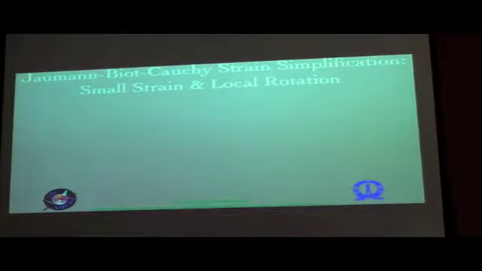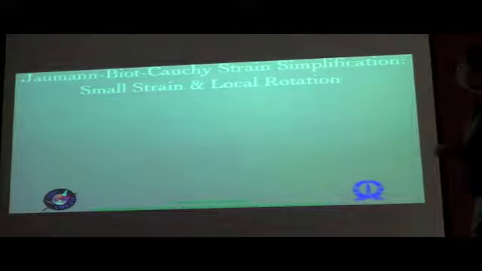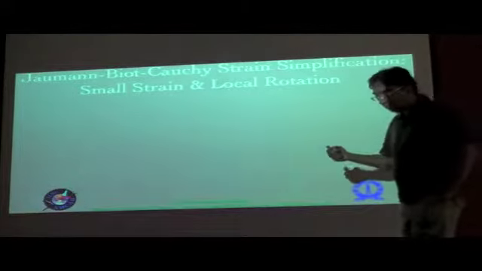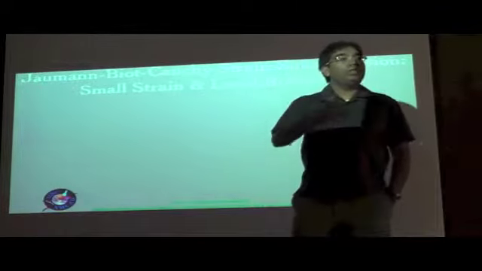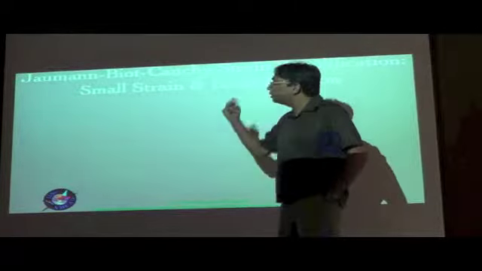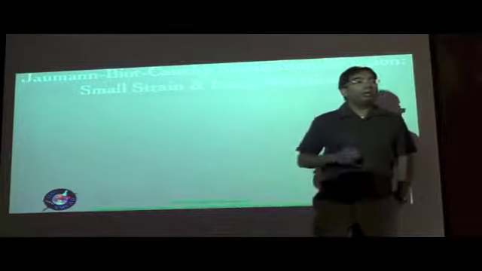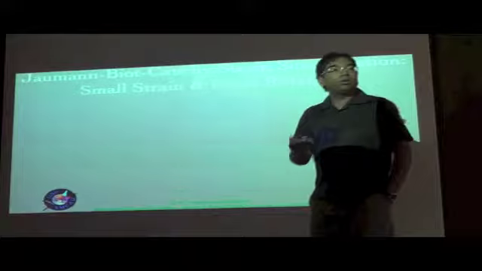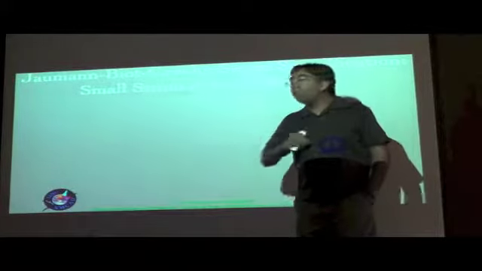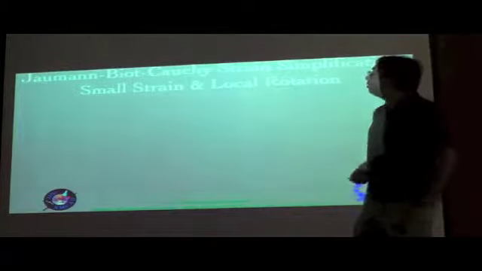So what we introduced in the last class was the Biot strain. What we will do now is try to simplify that further. We already did one level of simplification by going from the tensorial representation of the strain to the matrix representation when we expanded out the Biot strain in the undeformed basis vectors.